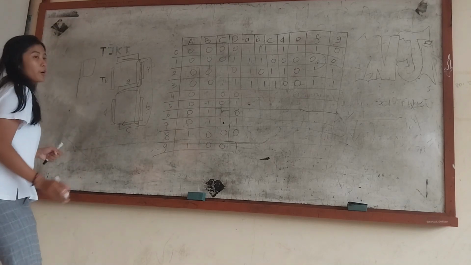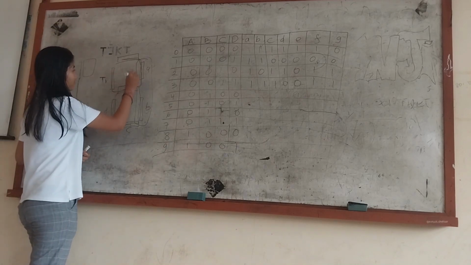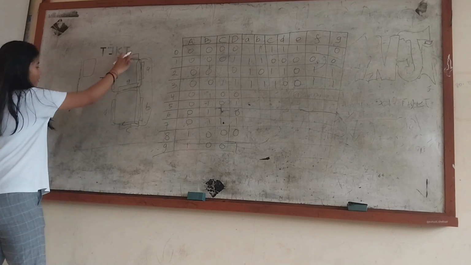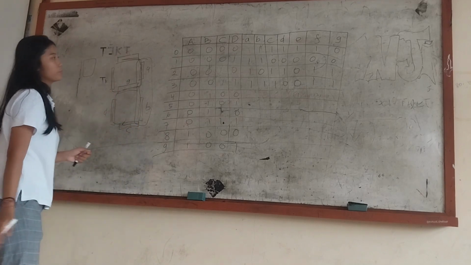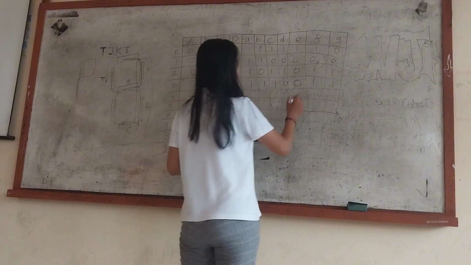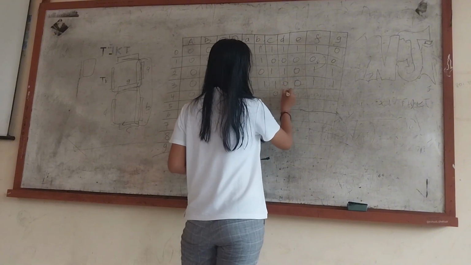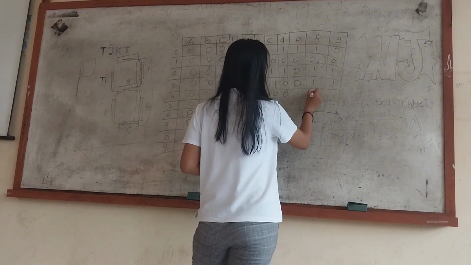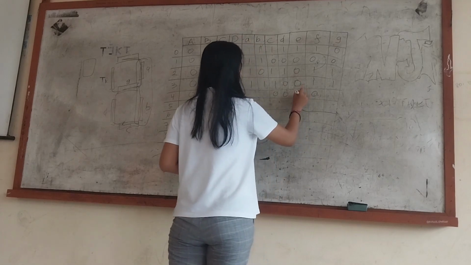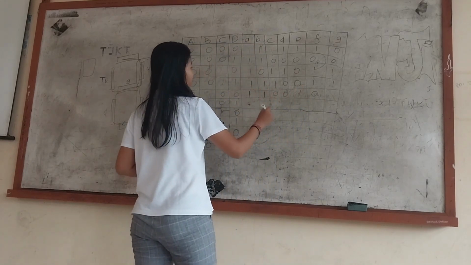How about 4? We make 4 like this. So A, D, and E are 0, and the others are 1.